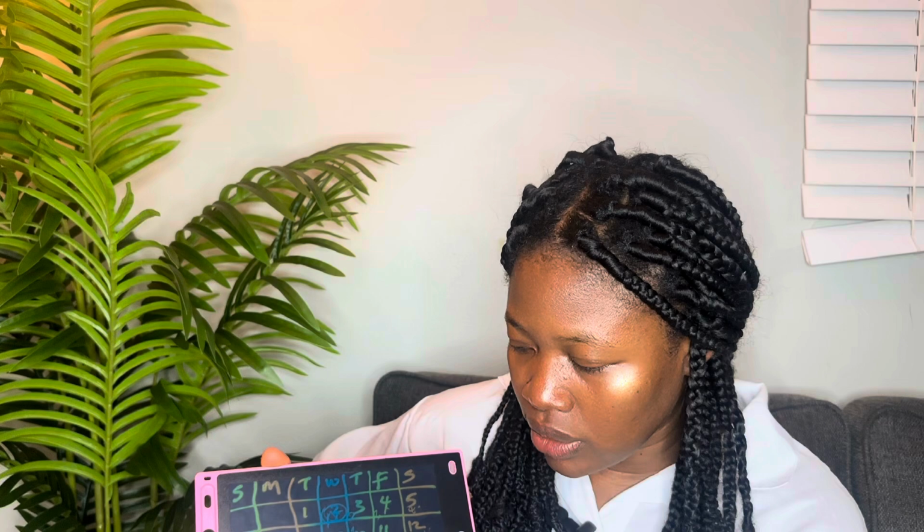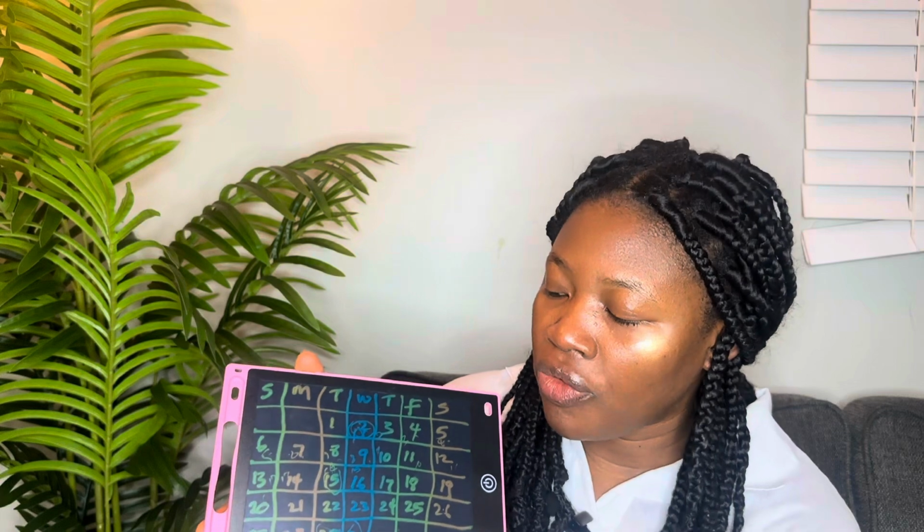So you count 14 days from the day you saw your period: 1, 2, 3, 4, 5, 6, 7, 8, 9, 10, 11, 12, 13, 14. So day 14 of your cycle is the day of your ovulation.